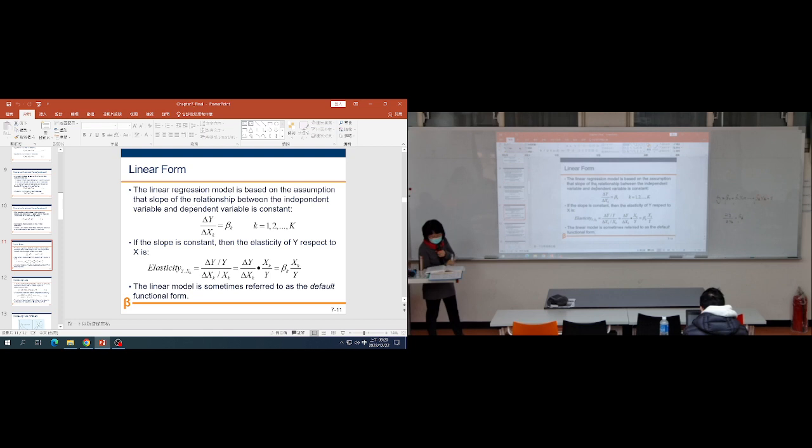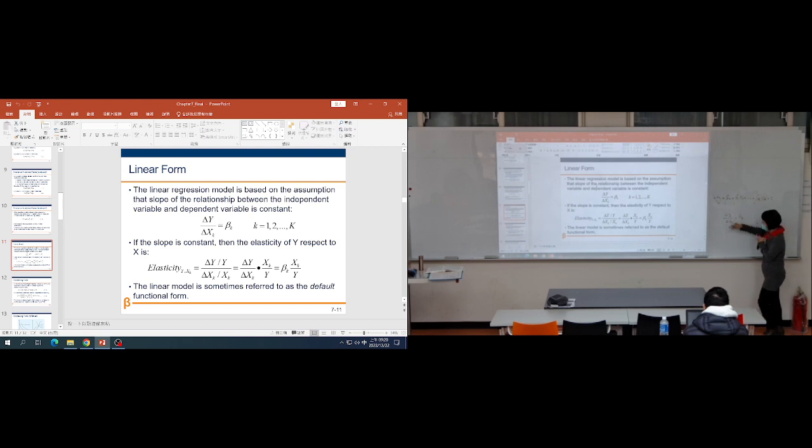The first one is the linear form. The second one is called the double log form. The double log form uses the ln of y with respect to the ln of every one of the x.